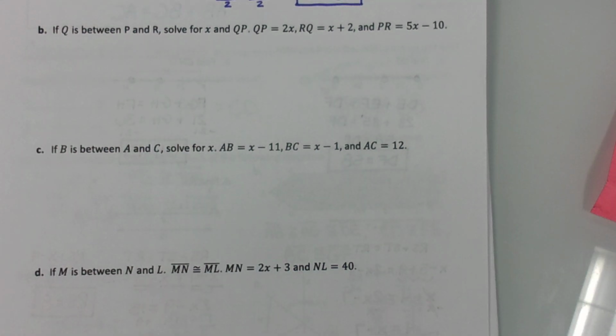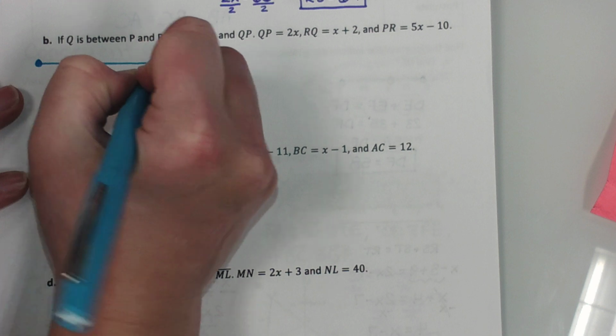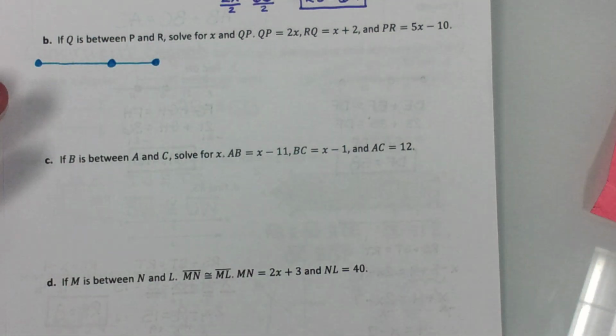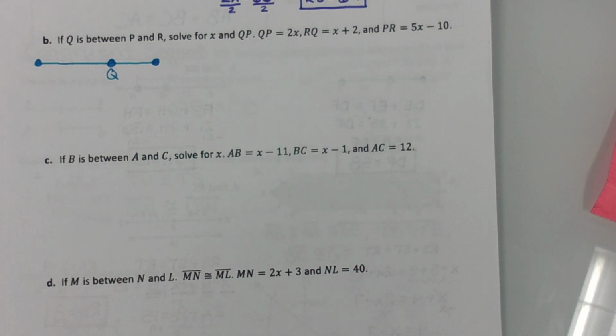If Q is between P and R, the moment I see that, again, I'm going to draw a picture of a segment with a dot. Q is between, which point does it go on? Middle. The one that's in the middle, not the perfect middle, but the middle-ish one.